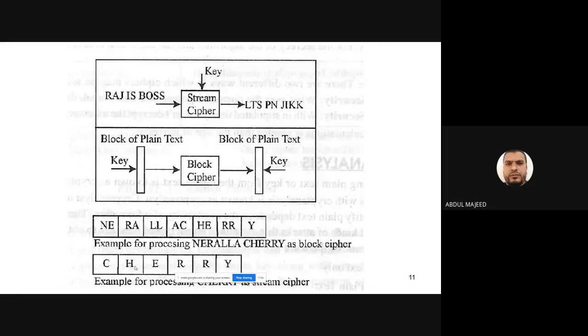So the model is over, the equation is over, and the processing of plain text to cipher text and cipher text to plain text is over. We have seen the conventional encryption model as the first point, stream cipher and block cipher as the second point, and the equations as the third. Again, if you write the equation along with the model, that will be the punch point.